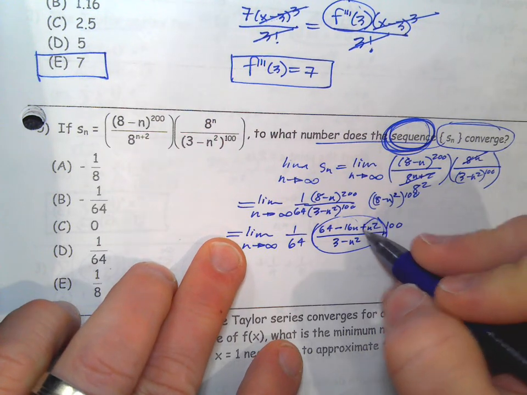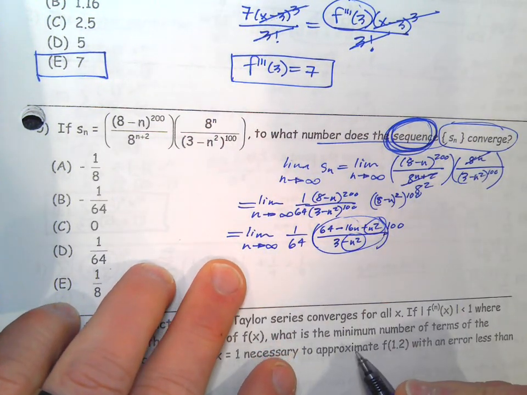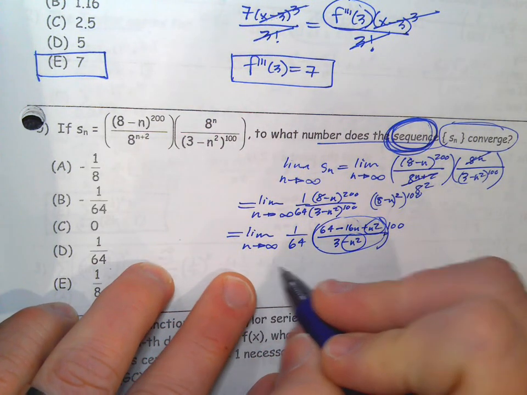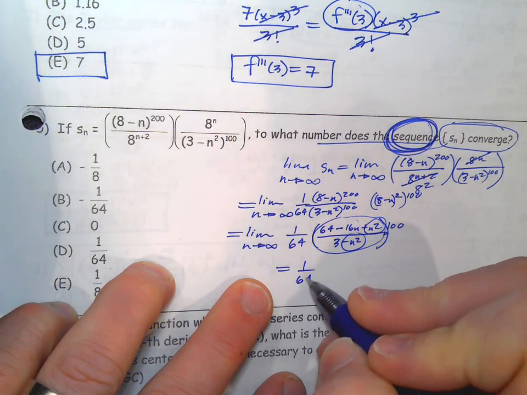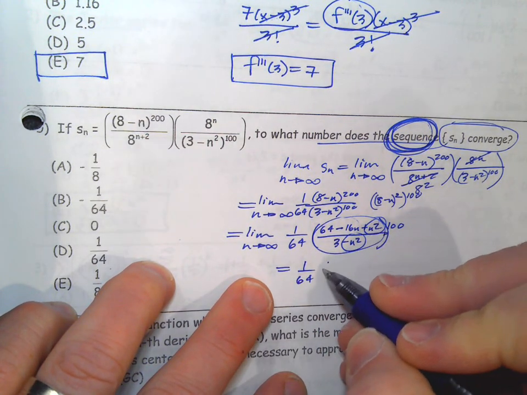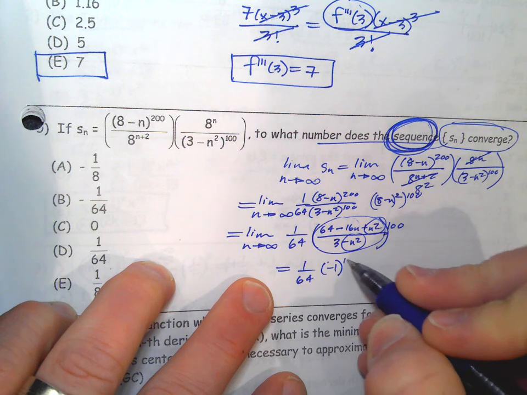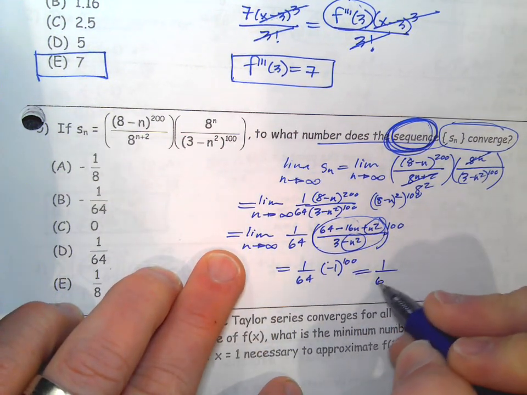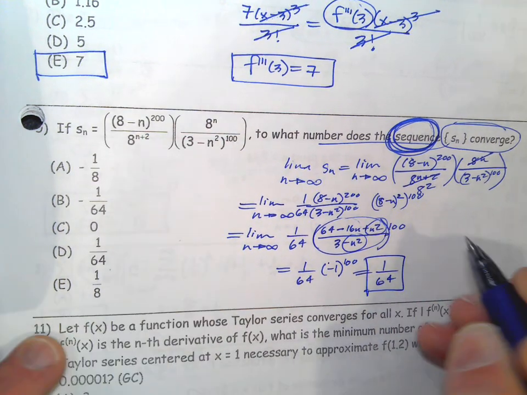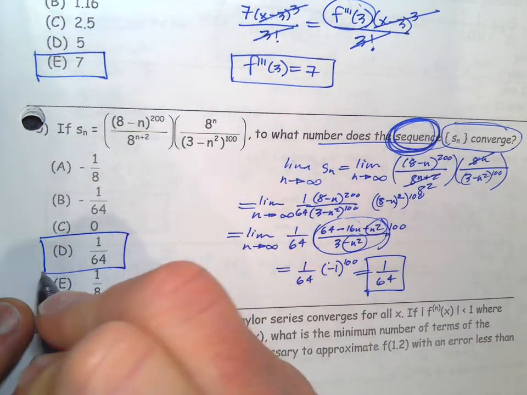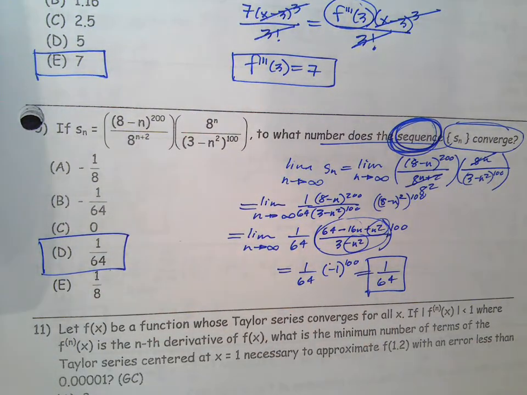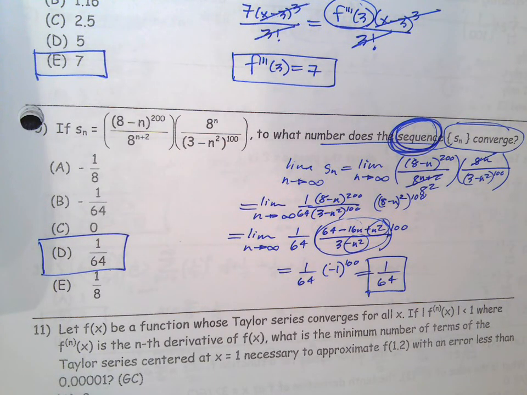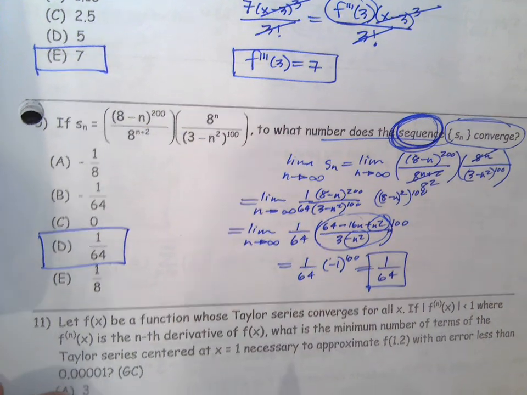The dominant terms are n squared and negative n squared. So that's going to go to the ratio of their coefficients, which is negative 1 to the 100th power afterwards, which makes it positive, which gives you 1 over 64. So this really didn't use any knowledge from the work we've been doing in this chapter. It's just a lot of algebra and a simple limit in the end.